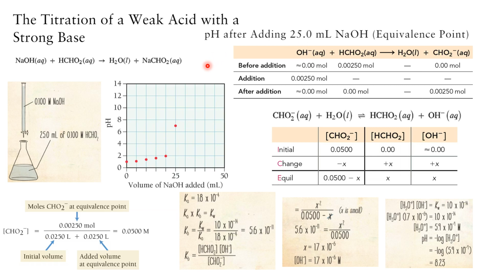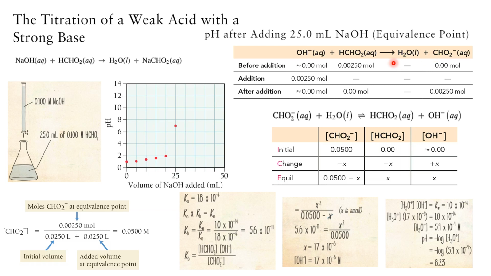All of that 25 milliliters of base ate up the 25 milliliters of acid, right? And they're equal concentrations. And when we've consumed all of our acid, what happens? Well, if all of the H from HCHO2 is gone, the only thing we have left is CHO2 minus, right? The H is not in front of there anymore.